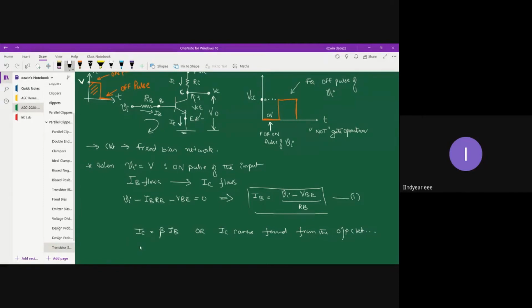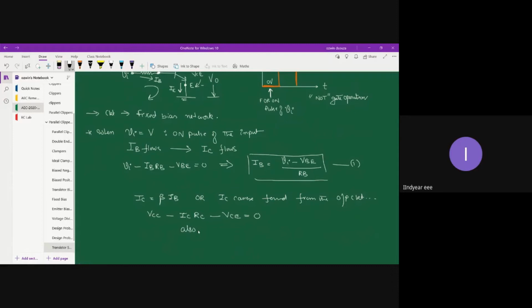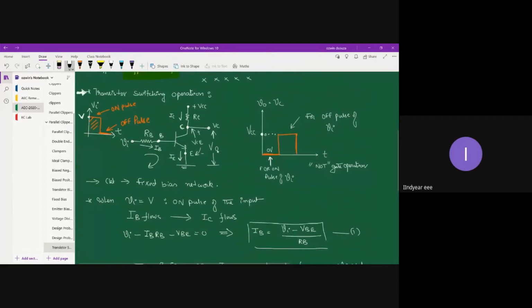On the output circuit, you can write the KVL equation as VCC minus IC into RC minus VCE is equal to 0. Also note that the output voltage V0 is what? It is VC, that is the voltage measured from collector to ground.